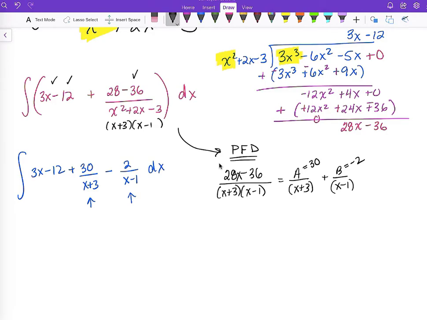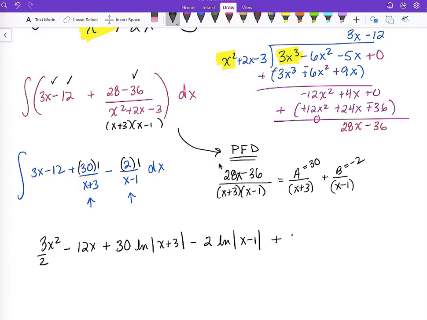So we should end up with 3x squared over 2 minus 12x plus, factoring out the 30, the antiderivative of 1 over x plus 3, which gives the natural log of the absolute value of x plus 3. Then minus, factoring out the 2, natural log absolute value of x minus 1. And we're almost there, plus C.